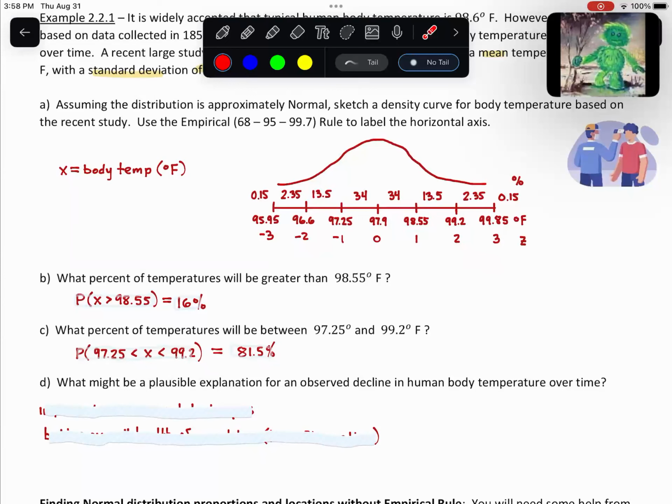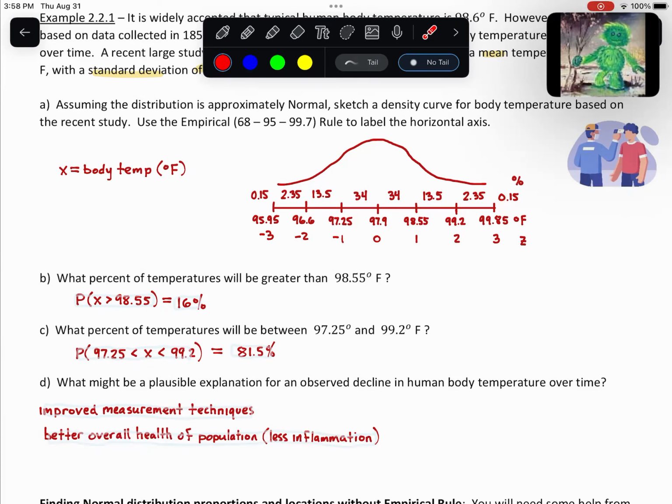Some possible answers, however, well, maybe we've got improved measurement techniques. Whatever we were using to measure temperature in 1851 was possibly not as accurate as what we've got nowadays. That's one plausible explanation. I don't know to what extent that's true, but it's plausible. Additionally, perhaps there's just better overall health of the population.